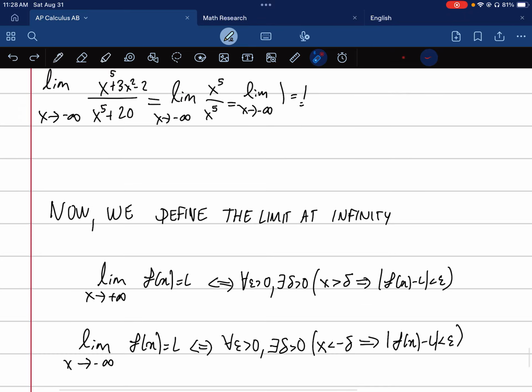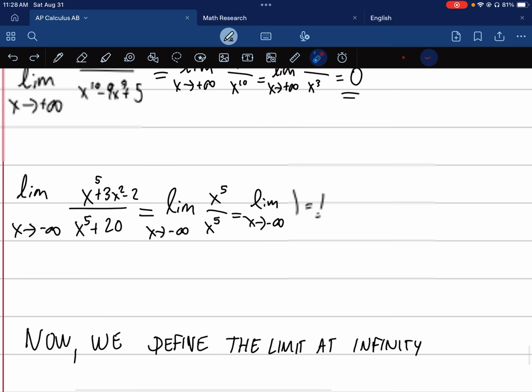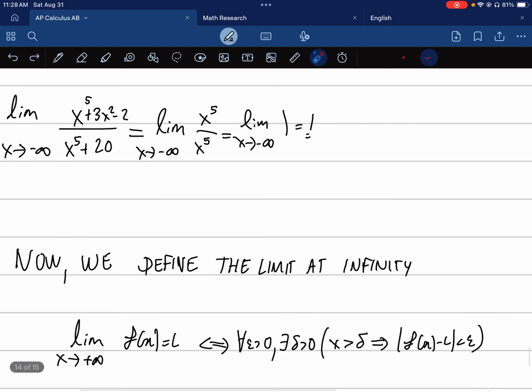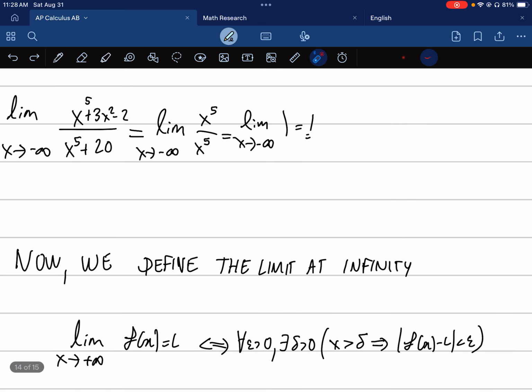So now we're going to define the limit at infinity. We already defined using epsilon delta what the limit at a finite accumulation point, our x naught, is. How about at infinity? Well, let's look at positive infinity. The limit as x approaches plus infinity of f(x) equals L is defined by, if and only if, for all epsilon greater than 0, there exists delta greater than 0, so we're just copying the same format from any limit.